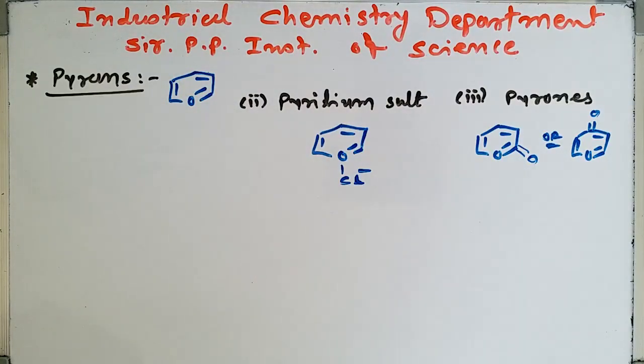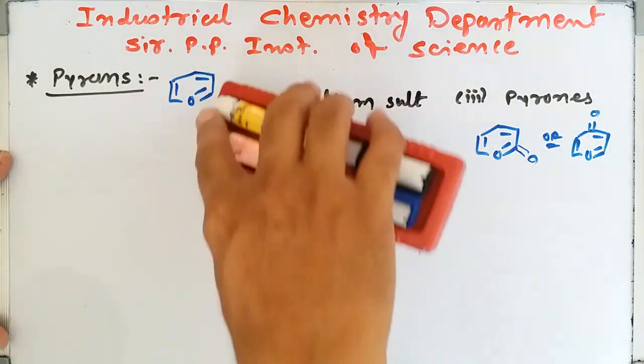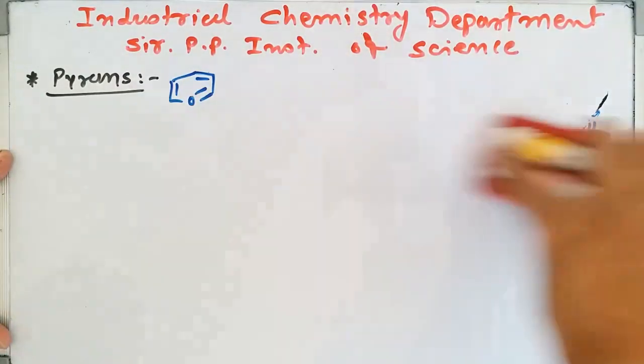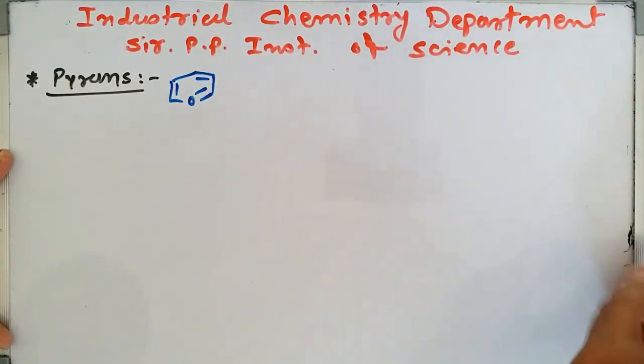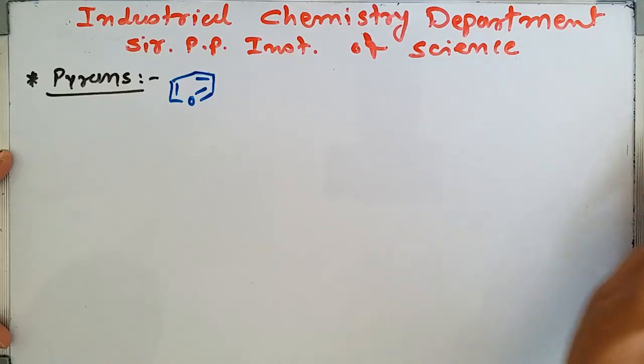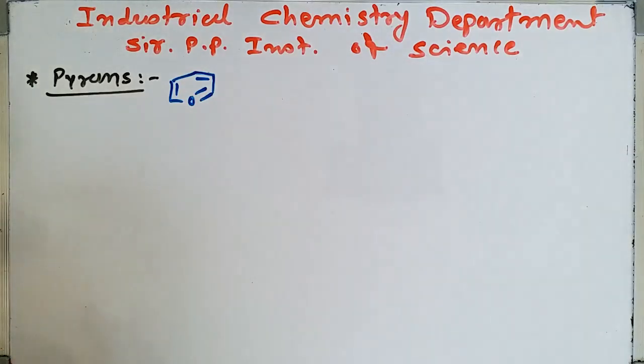According to our syllabus, we have only the six-member ring with oxygen as heteroatom, that is pyran. So I rub out the remaining two and we concentrate on pyrans.